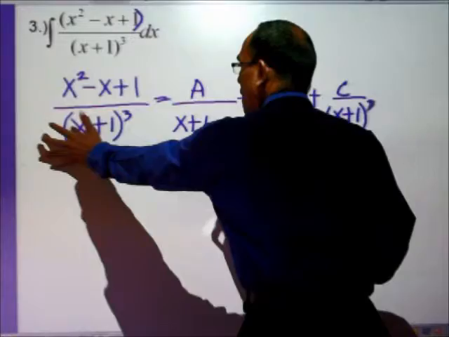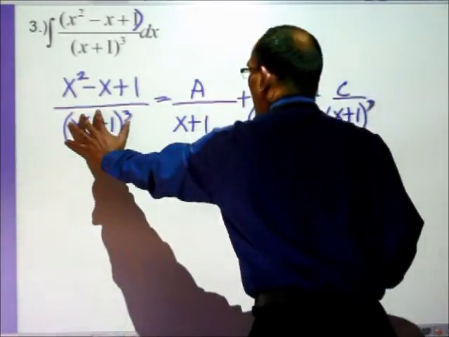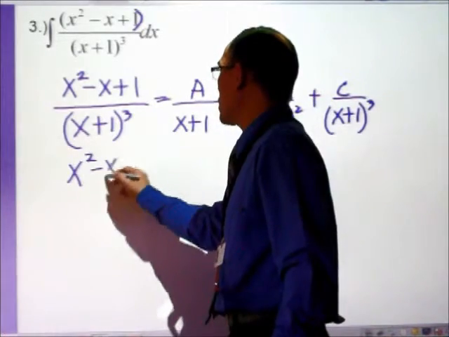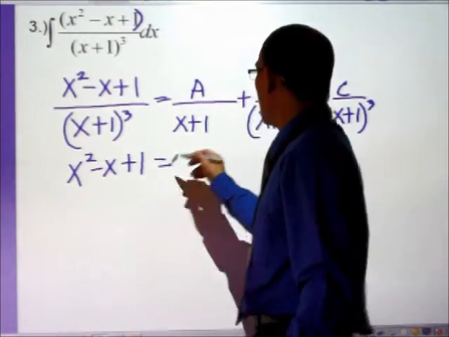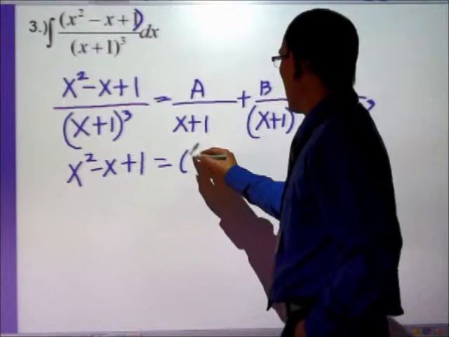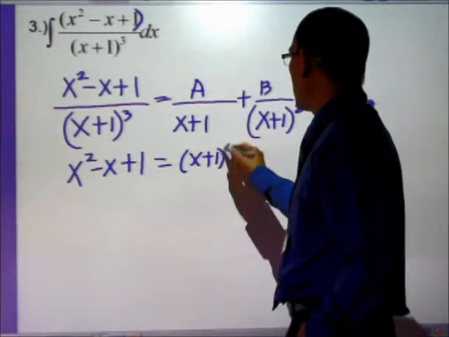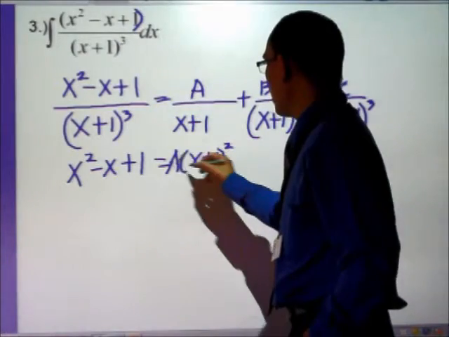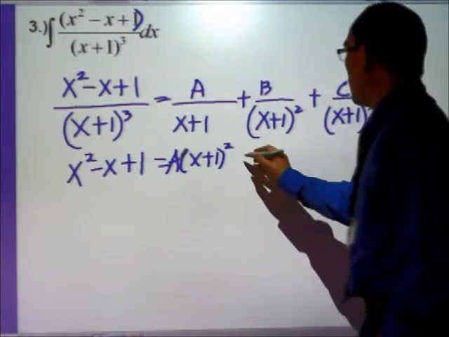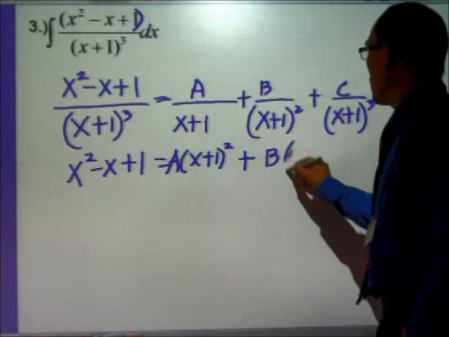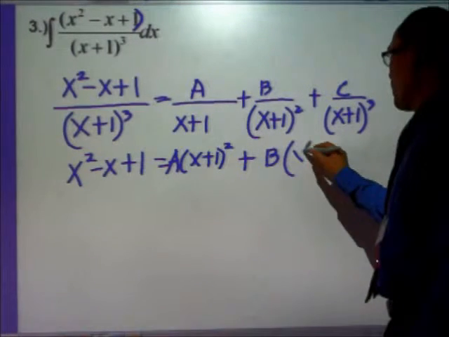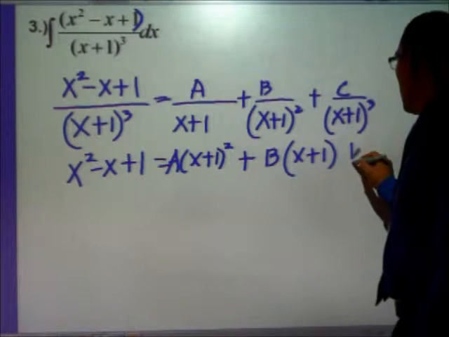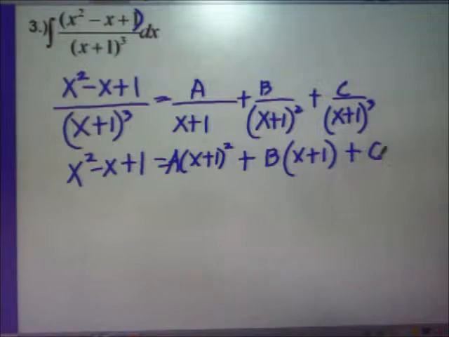We multiply all of these terms by this big denominator here. So we will have x squared minus x plus 1 equals a times (x plus 1) squared, plus b times (x plus 1), plus c.